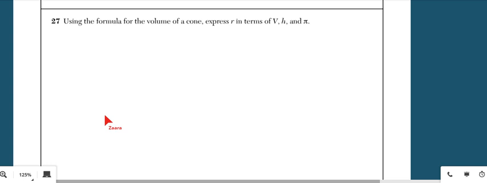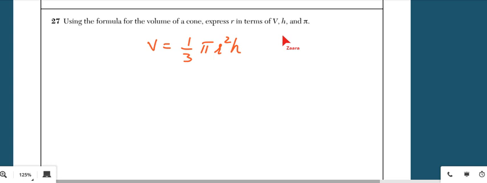If you just look at the end of your sheet of paper, you are given the formulas, so there is no need to worry. So what is the formula for the volume of a cone? It is V equals 1 over 3 pi r square h. Okay, this is the formula for the volume of the cone.